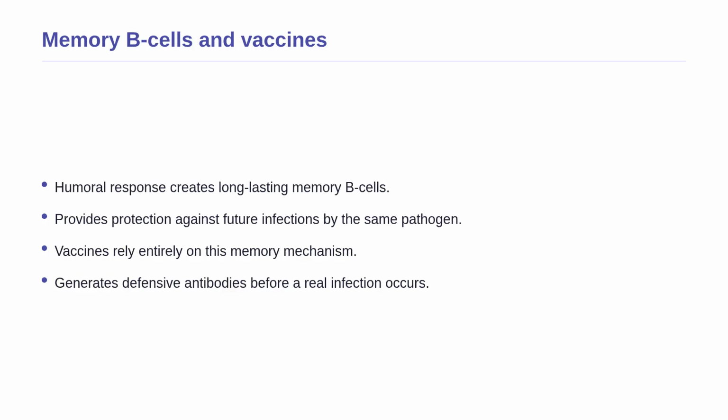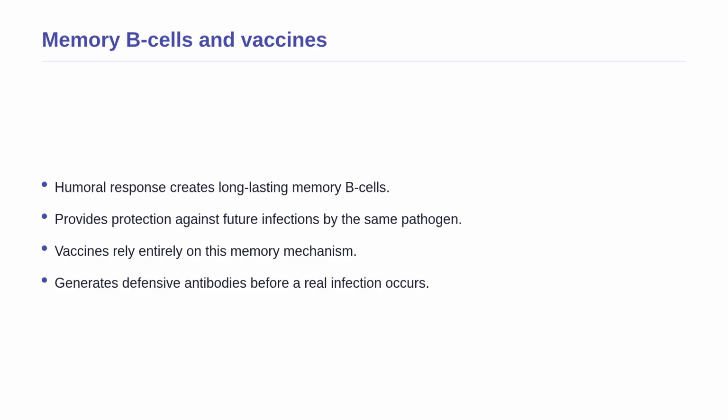Before we look at the mathematics of antibodies, it is crucial to understand their long-term impact. The humoral immune response does not just fight the current infection, it also creates memory B cells. These cells provide long-lasting protection against future infections by the exact same pathogen.